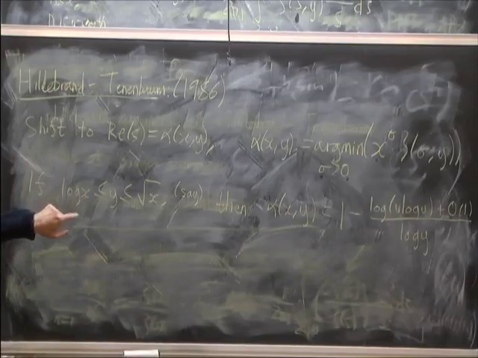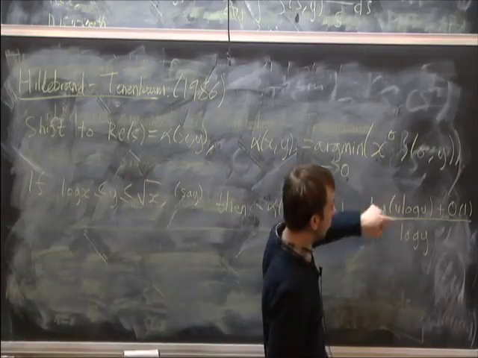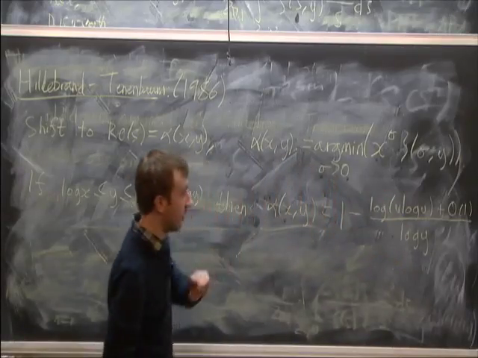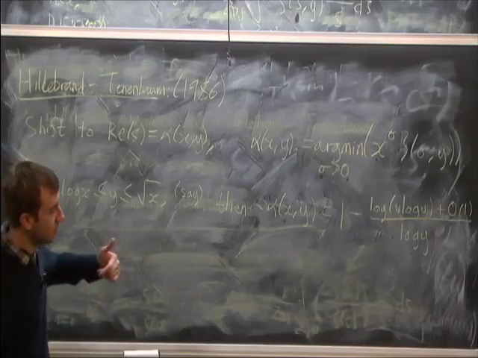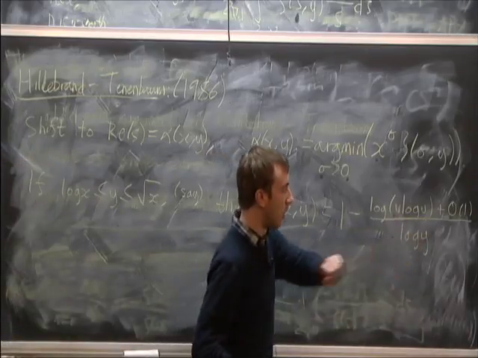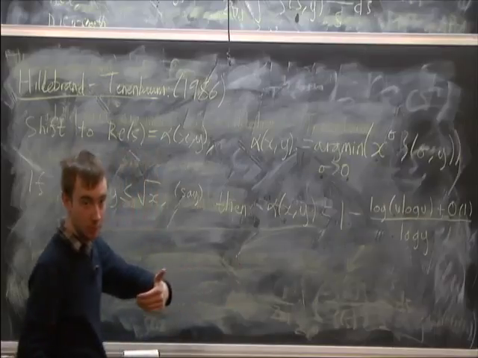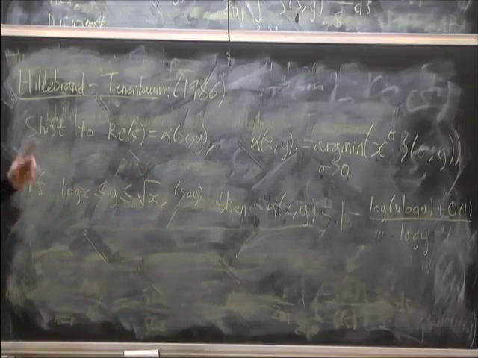So when y is very close to x, u is small, this is big, so the point alpha is close to 1. And when y gets smaller, then u gets bigger, so this is moving closer to 0.